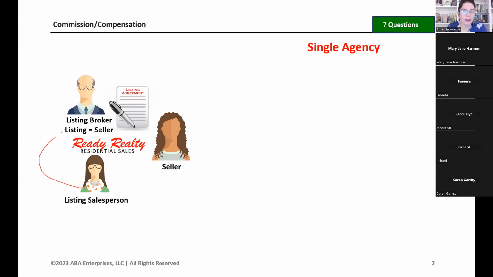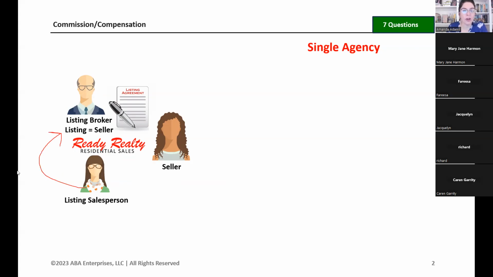The broker. Remember, the salesperson is working under their broker. So the salesperson's client really is the broker, right? She's an agent of the broker.